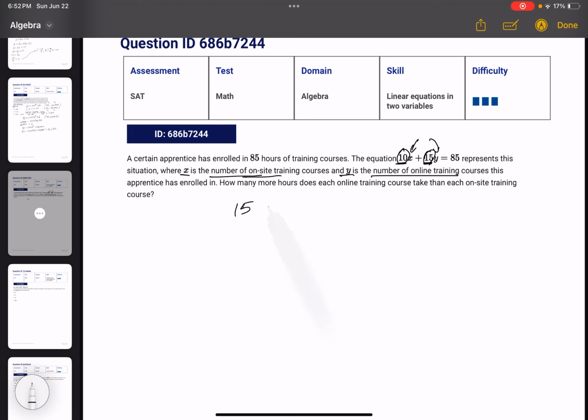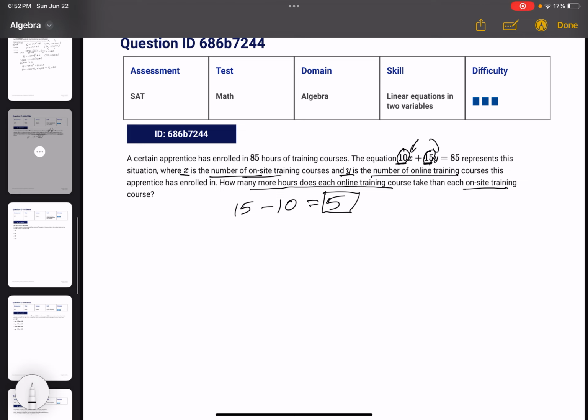So 15 minus 10 is equal to 5, which is exactly what we're solving for here. How many more hours does an online one take than an on-site one? And that's our answer of 5. It's really just understanding math in the context of the problem.